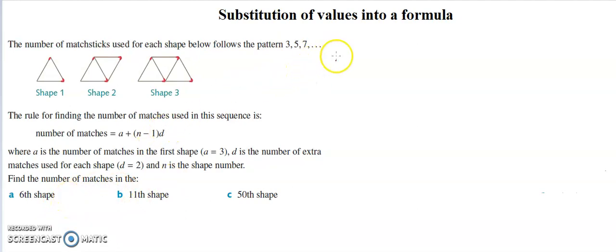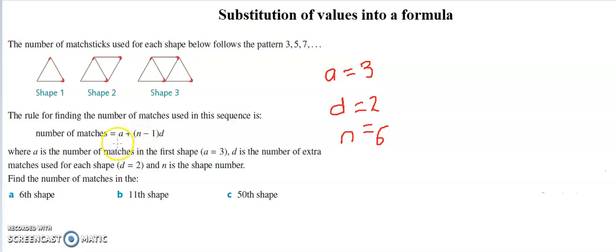So we know that A is going to equal what's in the first shape, which is 3. We know D is the number of extra matches, which is 2. And then I've got N, and N is the shape number. So we are looking at the sixth shape. So we've got all of our information here.